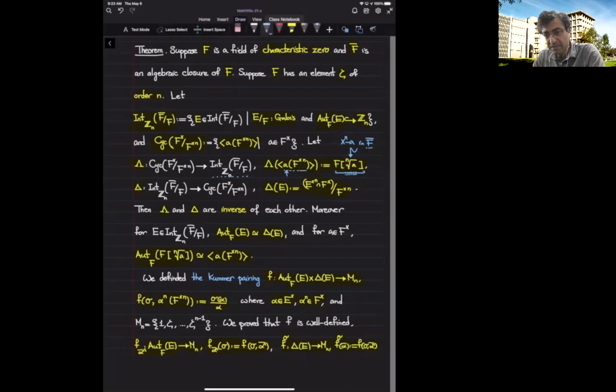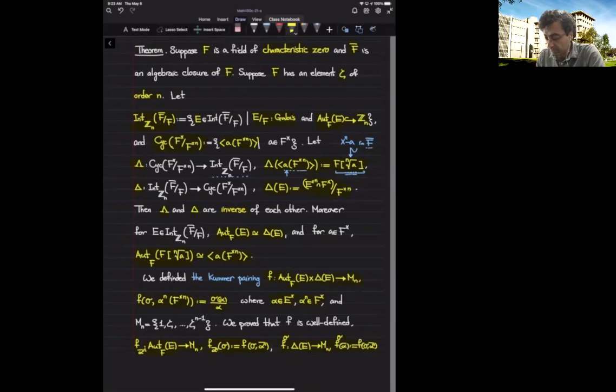Then delta of E is defined to be all the elements of E that we can raise to power n and get a unit inside F. So we take this set, that would be a subgroup of E cross, and that would be a subgroup of F cross, and then we mod it out by F cross to the n.